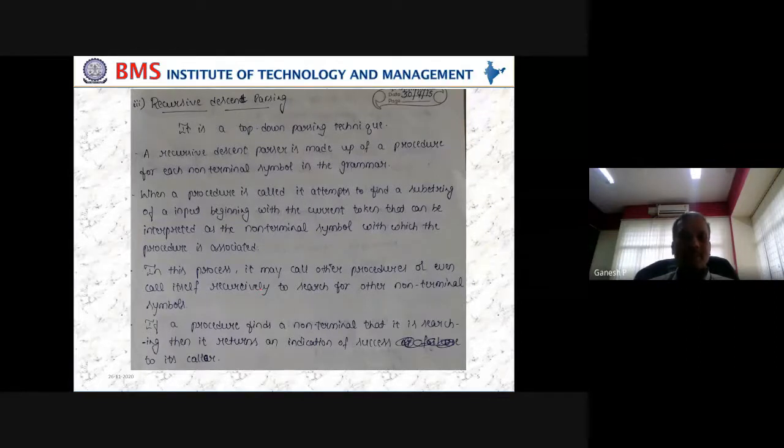If the input is invalid, then we will get a failure status. In both cases, we have a status returned as a result of the checking. So each procedure looks for a non-terminal or a terminal. If it is searching for a terminal and it finds the terminal, it is successful, or else it is going to be a failure. Okay.